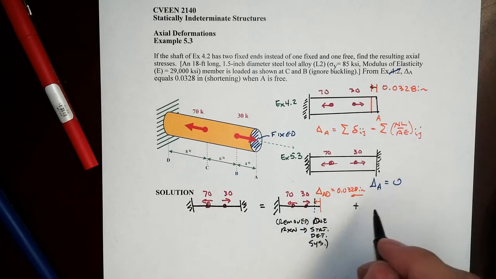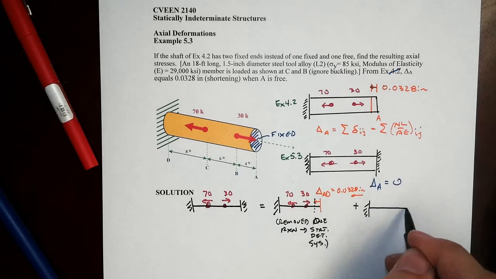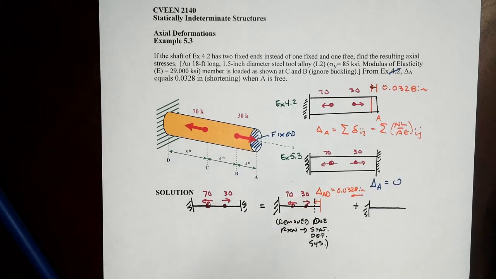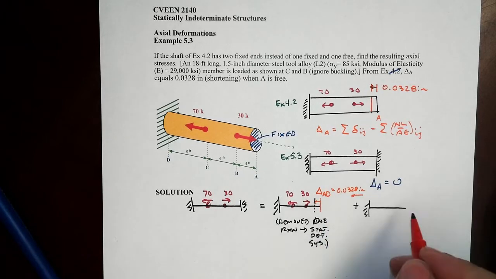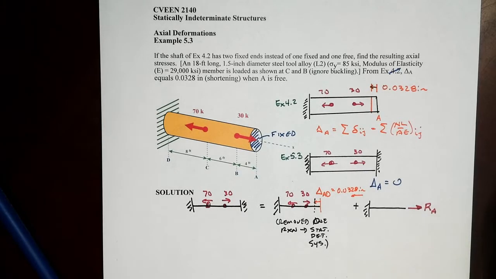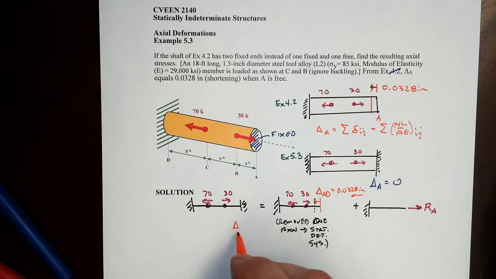So we've had that thing shorten up a little bit, and then what we're going to do is get rid of all the real loads, and replace our fixed end such that we have this reaction here at A. And in order for this to work right, what has to be the case is that we started in the real system with delta A equal to 0.